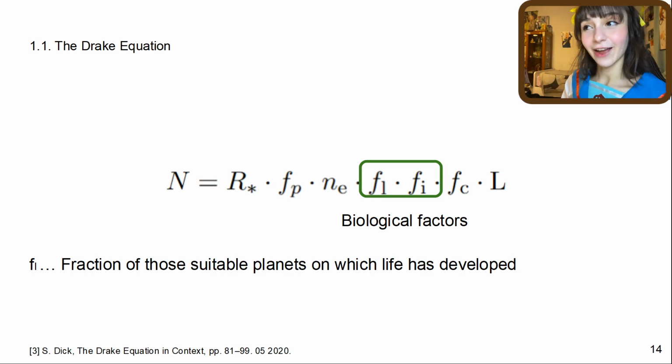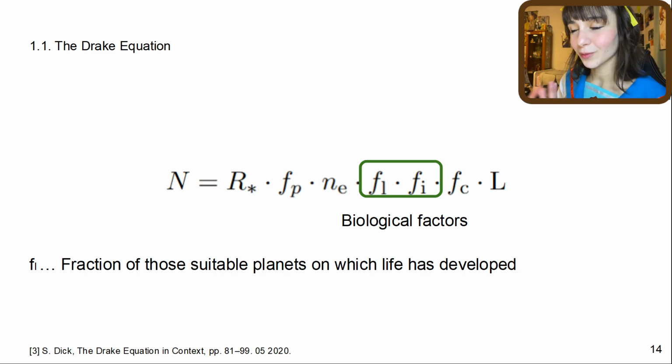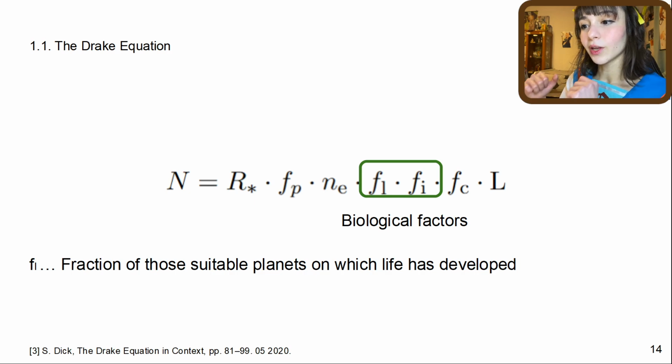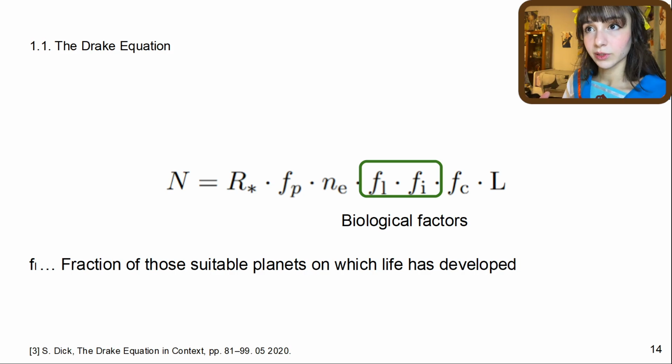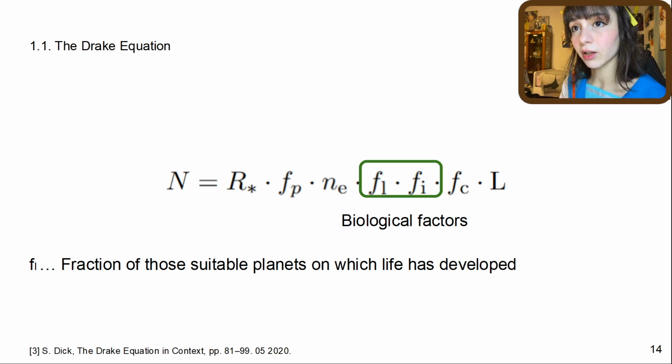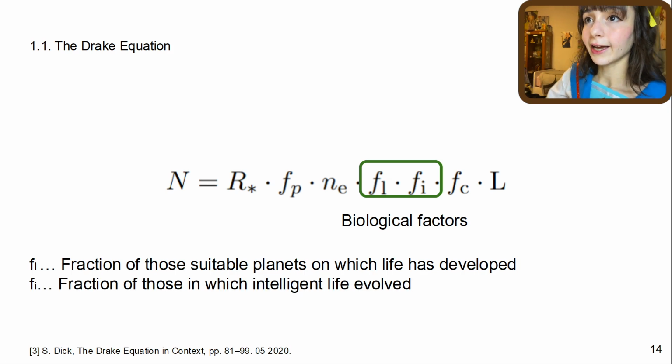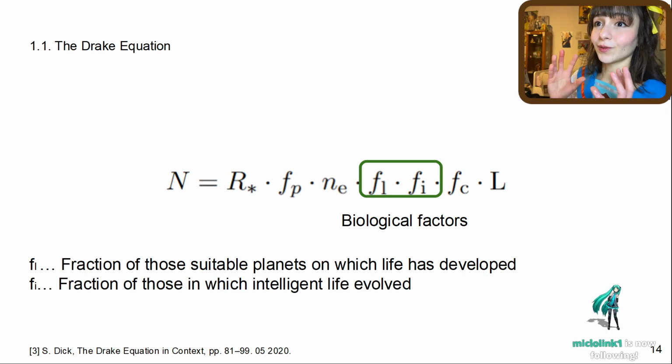So we have to kind of guess, but we have to know what fraction of these planets in which life could develop has life actually developed. Because the factors can be right, and still life may not actually develop.